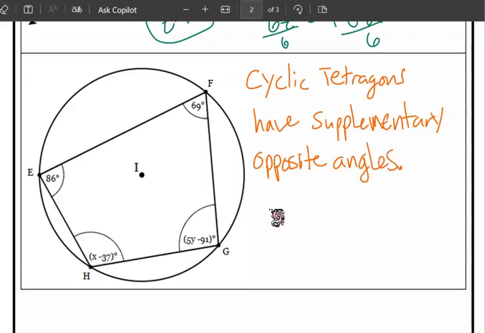Since that is the case, we can solve for both x and y by setting them to 180 degrees.